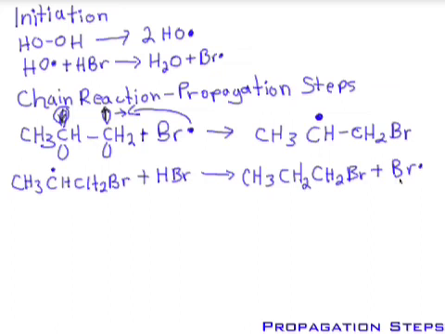The reforming of the Br dot allows a chain reaction to take place where the Br dot goes back to the beginning and the first step happens again. And you keep this chain reaction cycle going until you use up radical. Radical can quench itself in a variety of termination steps, but these termination steps don't happen very often because the concentration of radical is very small.